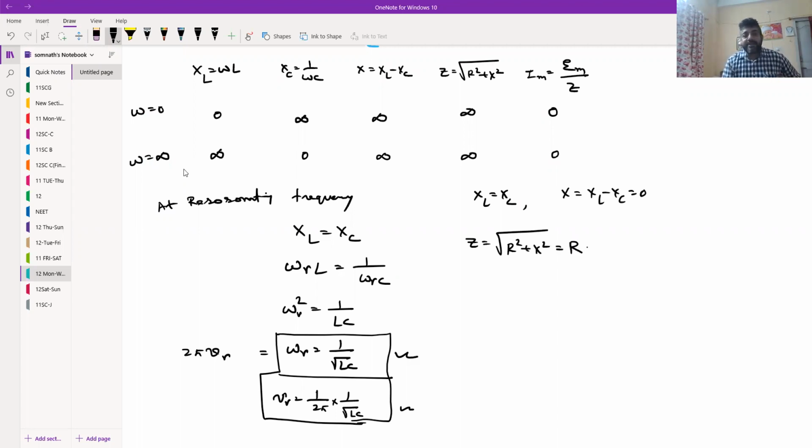So as my Z is R, not 0, my IM is EM by Z, which is the maximum value, not infinity. So you understand there is a huge difference between current being maximum and current being infinity.